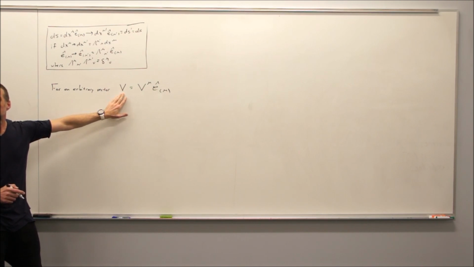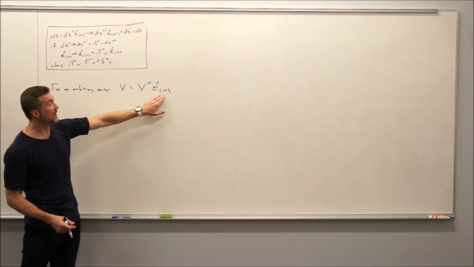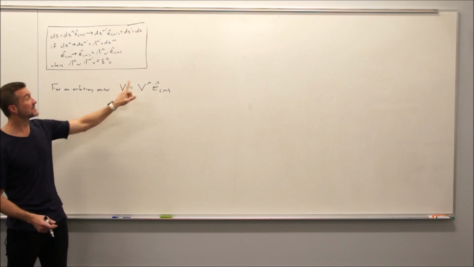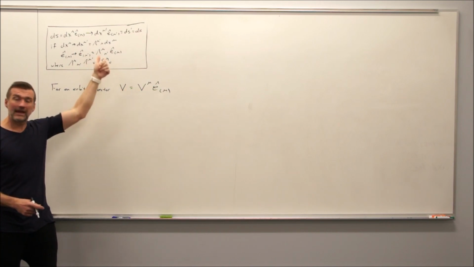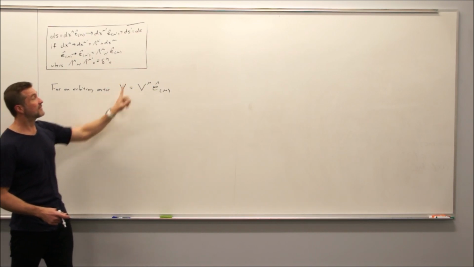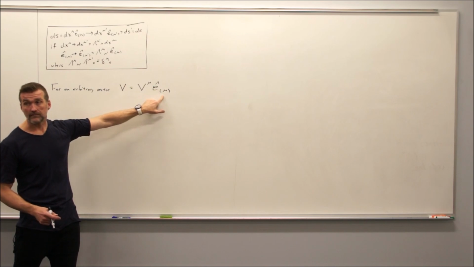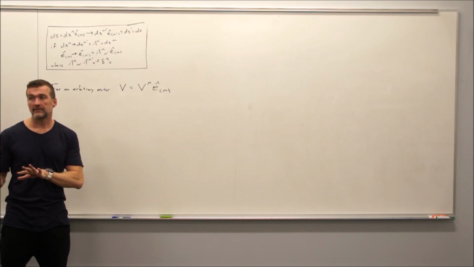So we can basically play the exact same argument that we did before, except this time we start out knowing how these transform, and we use the invariance to figure out how these transform. Where in the first case, we started knowing how these transform, and we used this invariant to figure out how these transform. Okay? Does that make sense?